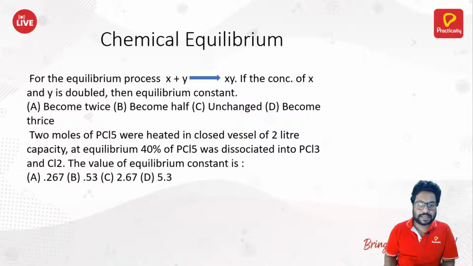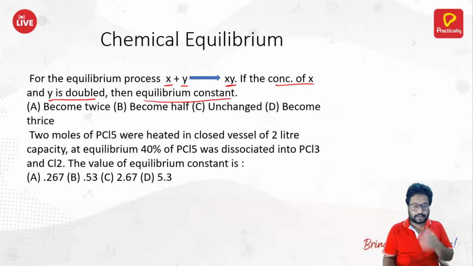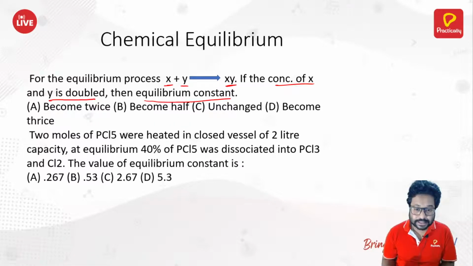For equilibrium process, x plus y gives you xy. If the concentration of x and y is doubled, then the equilibrium constant becomes twice, becomes half, unchanged, become thrice. You know what's the answer, right?